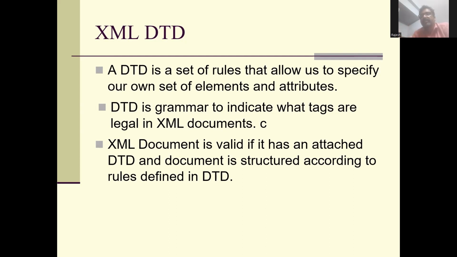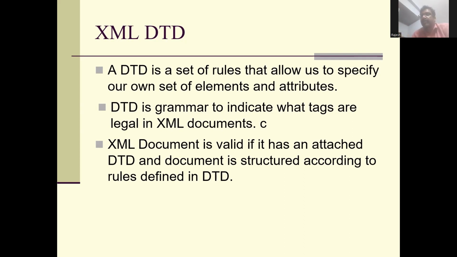We need to first define the structure for the XML document. With the help of a document type definition, there is a set of rules, and it allows us to specify our own set of elements and attributes.